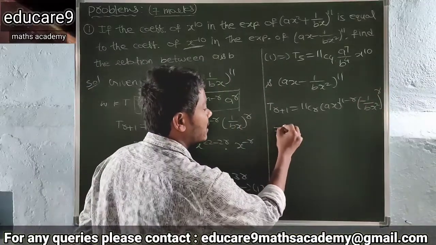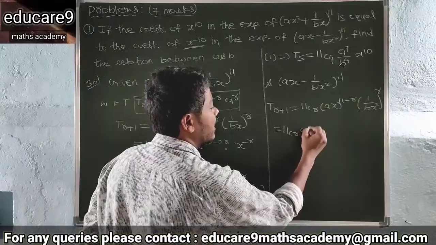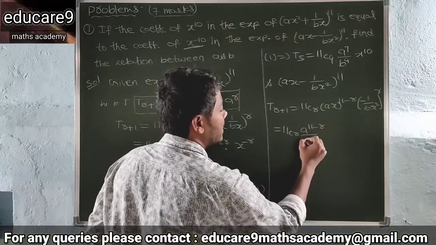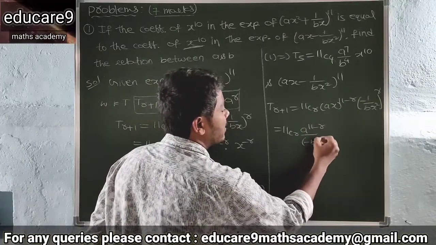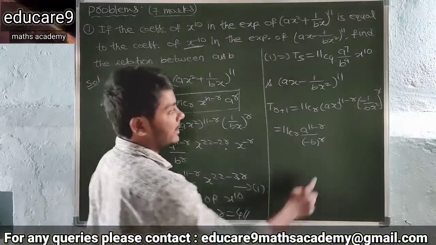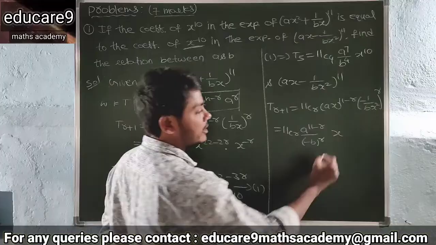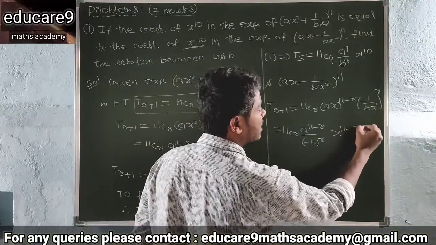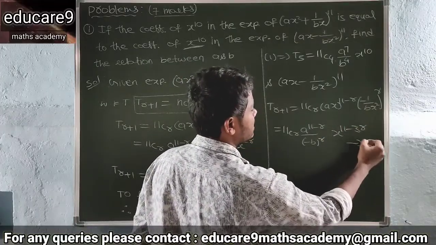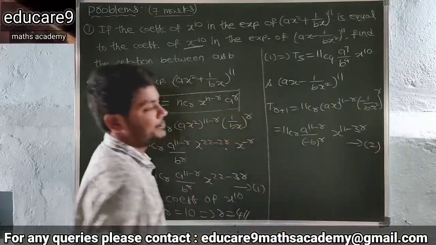So this is 11Cr a^(11−r) by (−b)^r, next x^(11−r) and x^(−2r). You will get x^(11−3r). So this is equation 2.